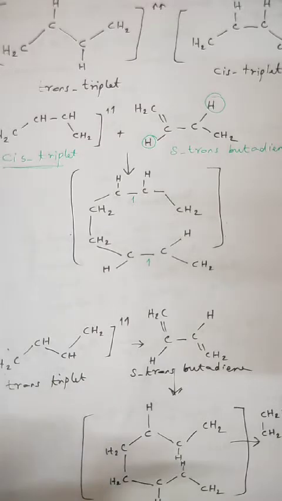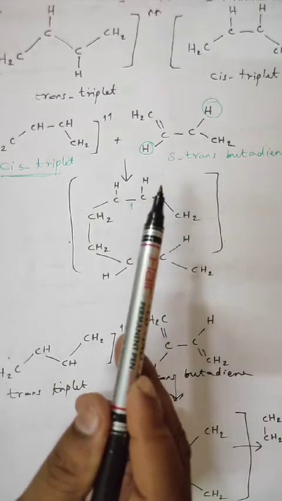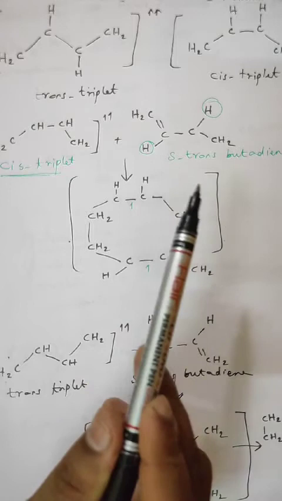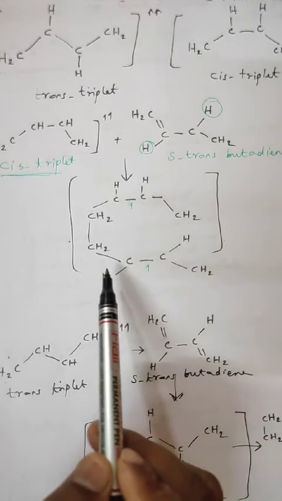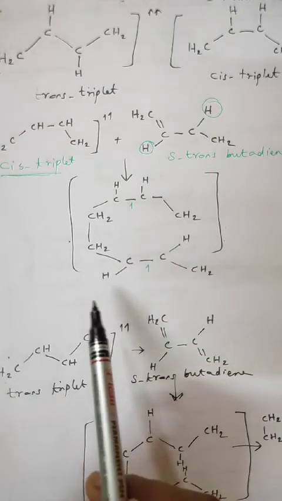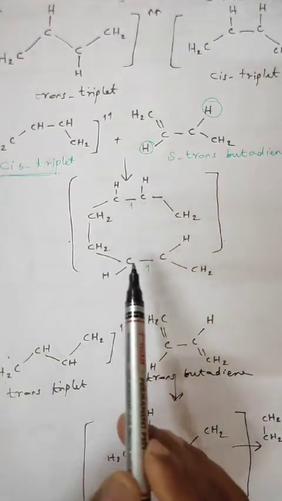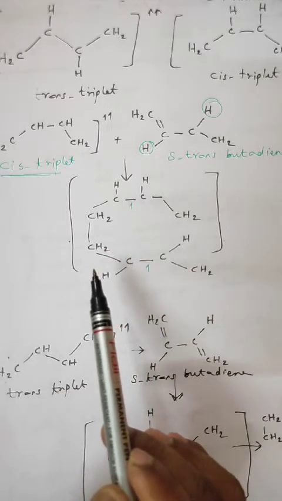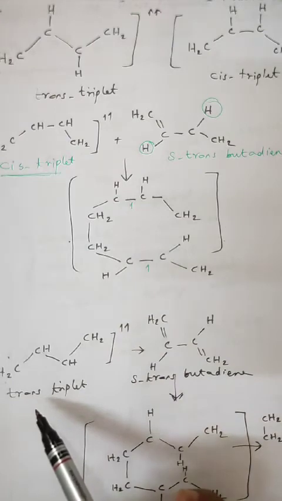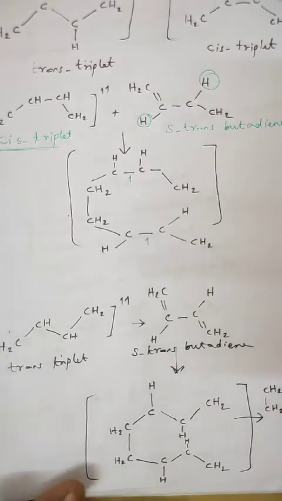Now this cis triplet can react with butadiene in the s-trans configuration to give 1,2 or 1,4 cycloaddition. The trans triplet can give only 1,2 cycloadditions.